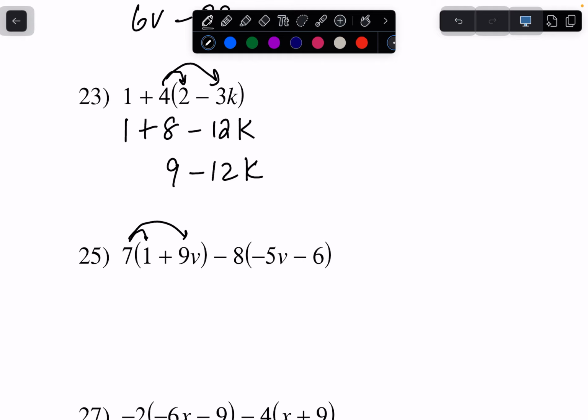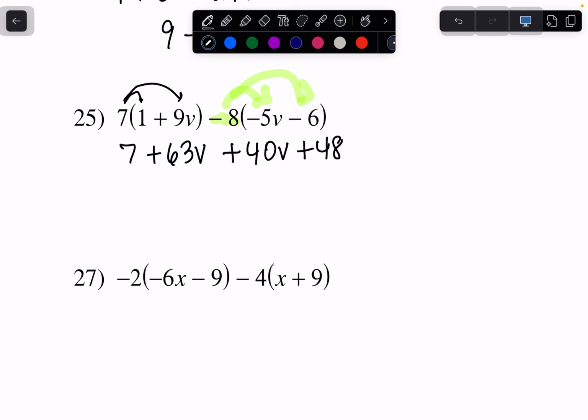Distribute the whole thing, that negative 8. The negative is stuck on the 8. So we're going to distribute the whole thing. Okay. So when we do that, we get 7 plus 63v plus 40v plus 48. So that negative made all the negatives in the parentheses a positive.